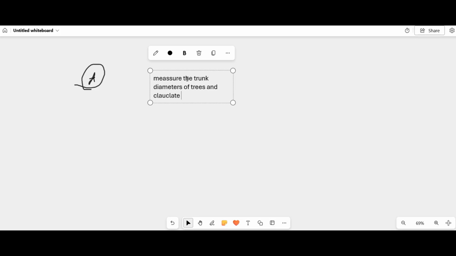And then calculate the mean diameter here, and hence estimate the mean fresh biomass here.